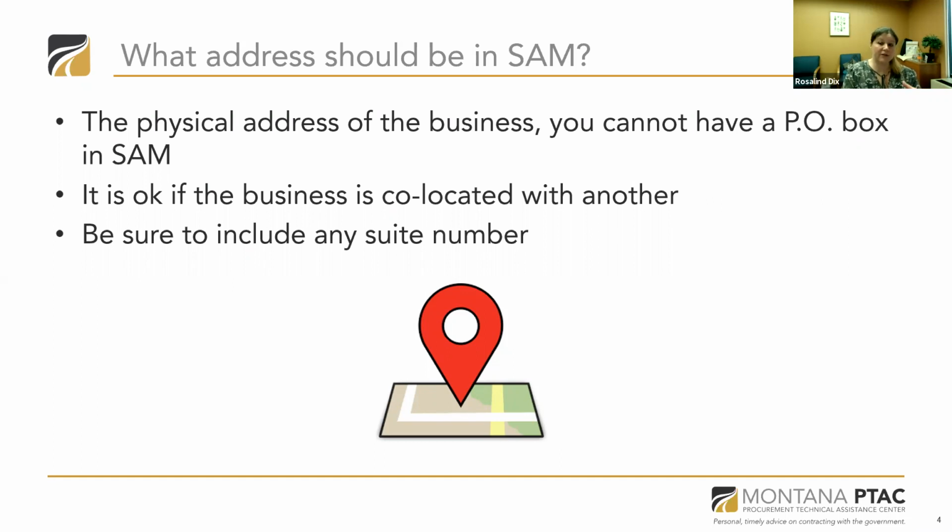But it's another way for your business to be identified based on the name and the physical location. So if you are co-located, then you will get questions from CAGE, and you'll have to answer whether you're related to the business or not, and you may have to provide some documentation to them.